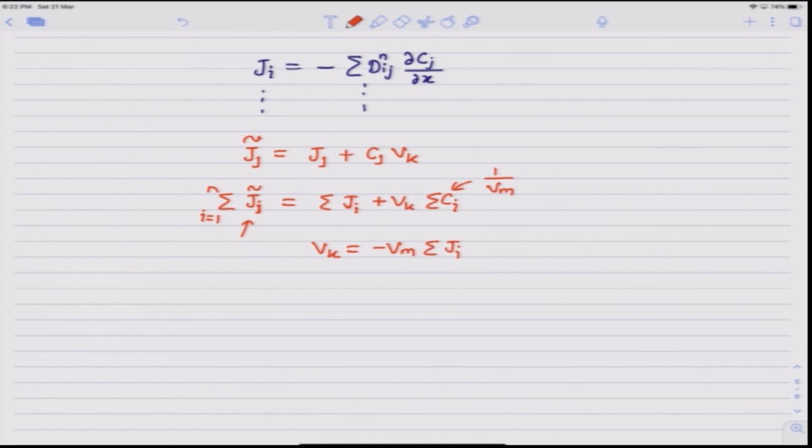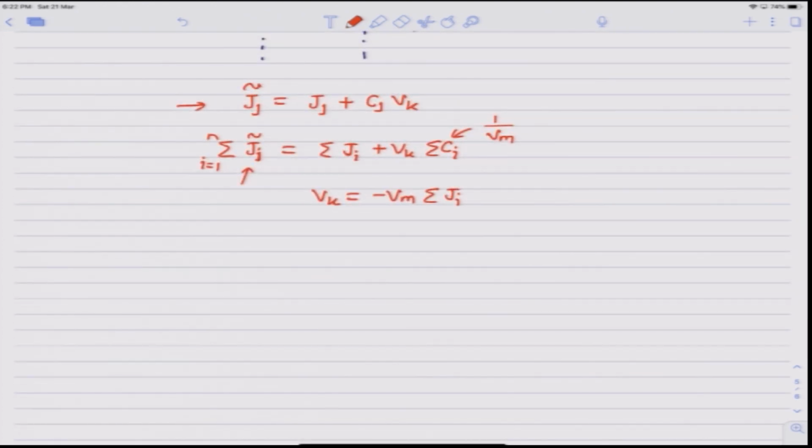If we substitute back into this equation here, we get J1 tilde equal to J1 minus C1 Vm times sigma J_i, i equal to 1 to n. C1 times Vm is nothing but the mole fraction x1.